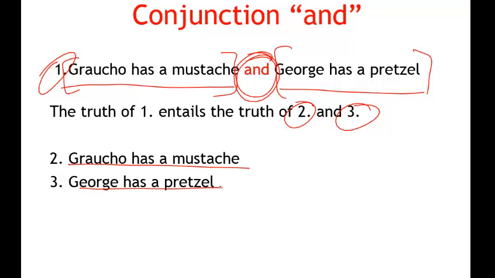We've studied entailment, and we've seen how 2 and 3 would be entailed by the conjunction 1. So it's a valid inference from 1 to either 2 or 3. You can conclude 2 from 1, you can conclude 3 from 1.